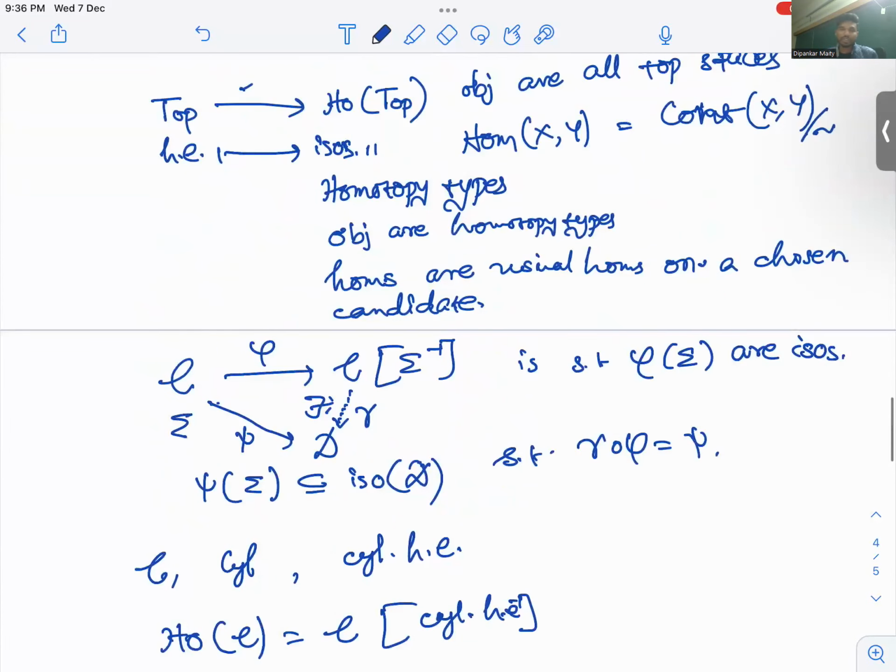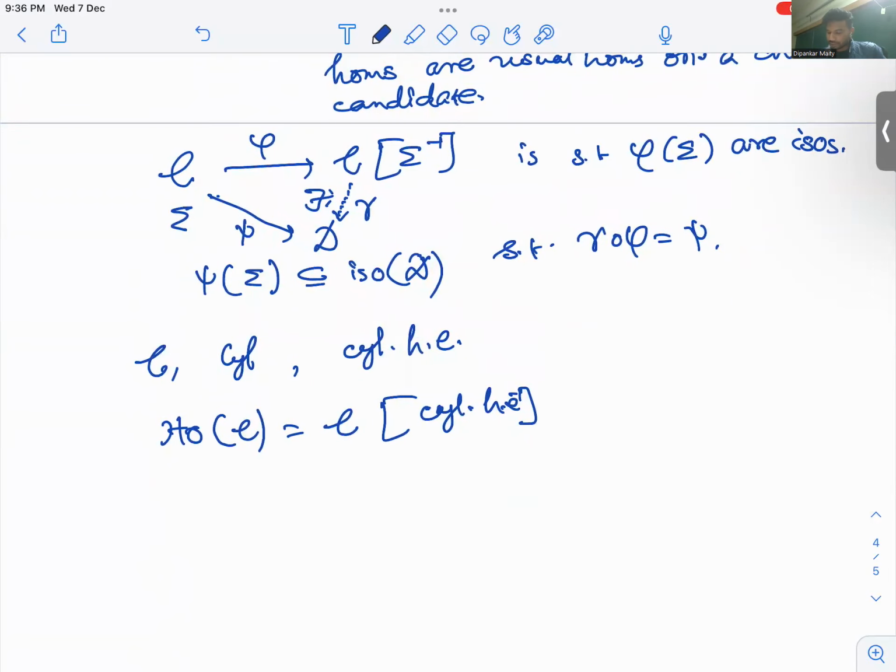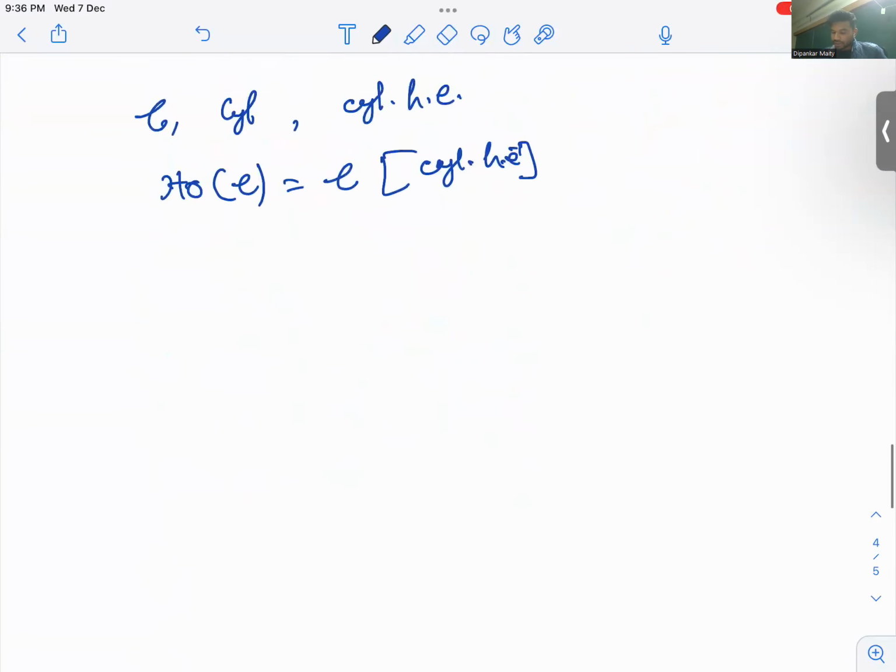You can immediately quotient out by that relation and get the homotopy category. You don't have to think about this localization business. But in general, the homotopy relation need not be an equivalence relation.